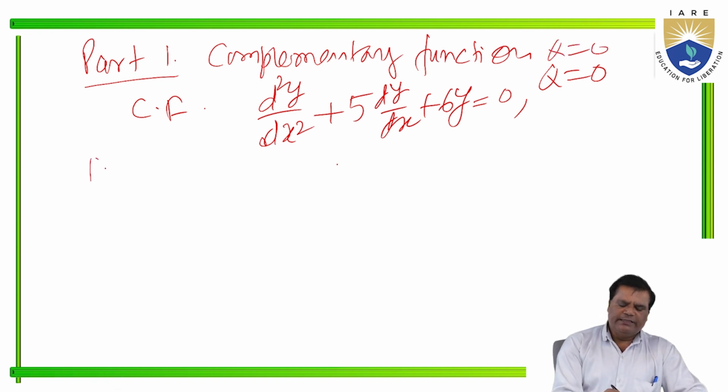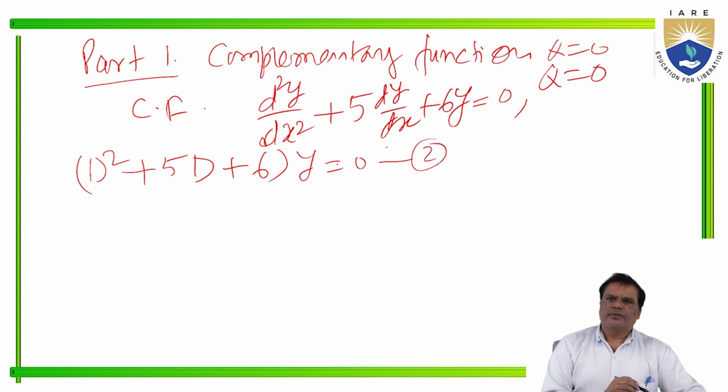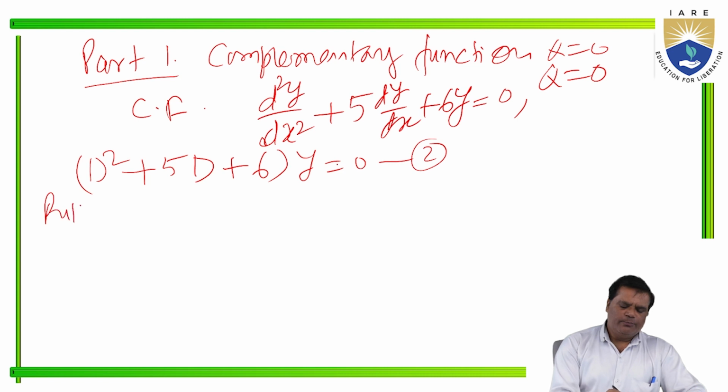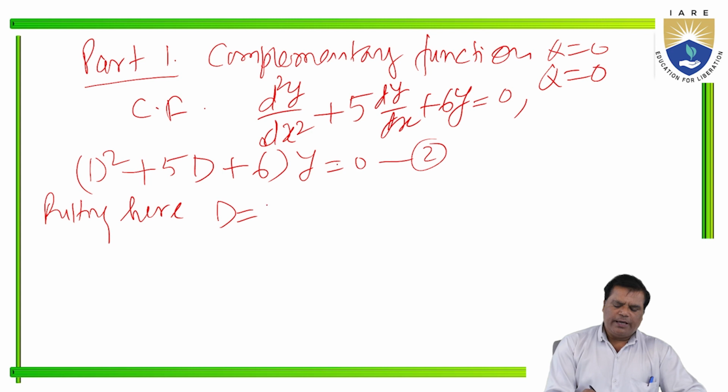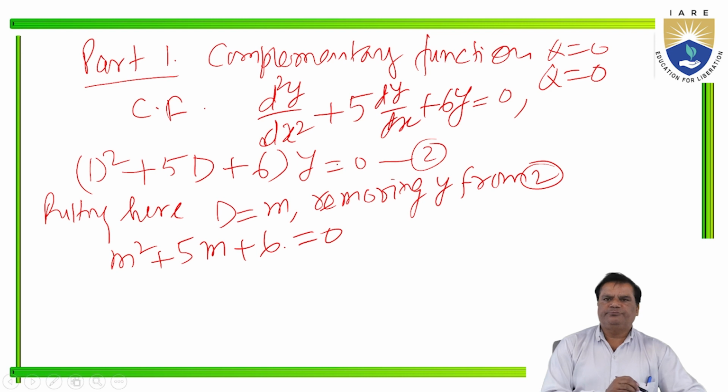So this equation can be written as (D square plus 5D plus 6) y equal to 0. This is equation 2. Now putting D equal to m and removing y from 2, we get m square plus 5m plus 6 equal to 0.